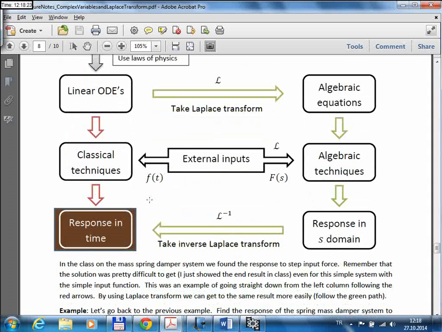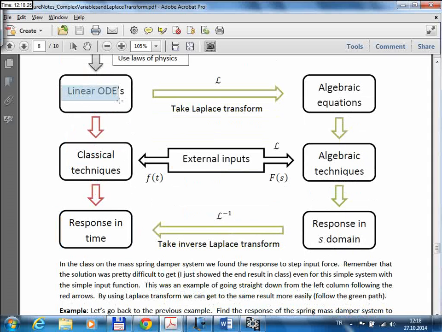But we know that solution of differential equations in time domain is not an easy thing, especially if you have some random and complex input functions. So this part is really difficult, especially if you have high order differential equations or multiple equations that are coupled together. Then the solution part is certainly a very, very complex job.